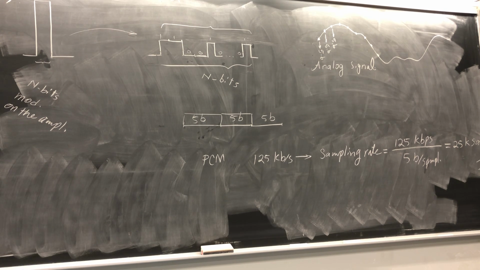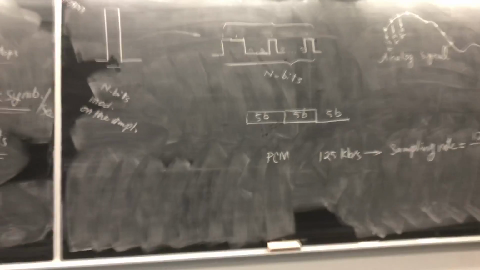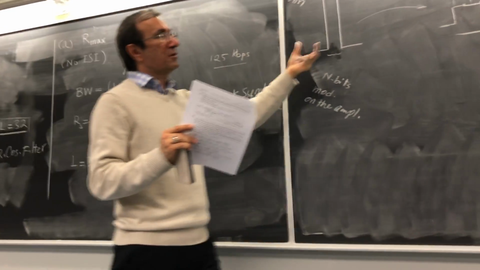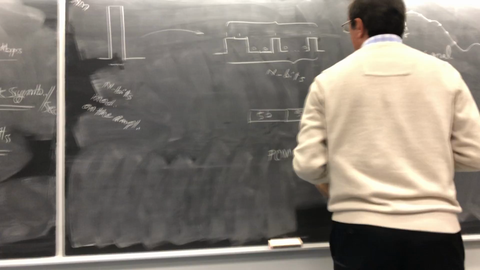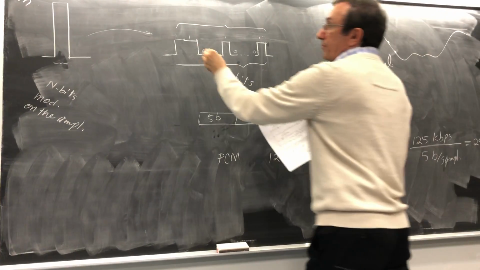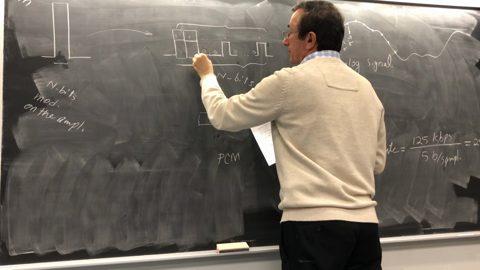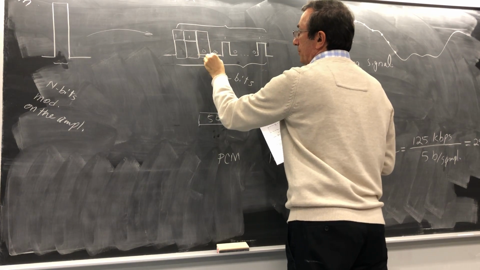So what was the sampling criterion? I'm sorry, doesn't the question say 125 kilosample per second? Yes. Since the coding is PCM, this is what I was trying to explain here. Since the coding is PCM, now each symbol is 1 bit.